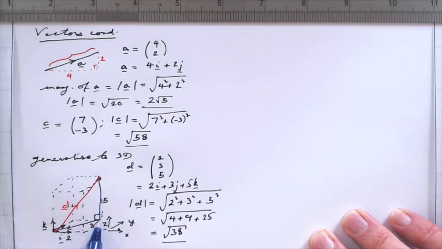in the xy direction. So we actually have two right-angled triangles kind of making up this figure.